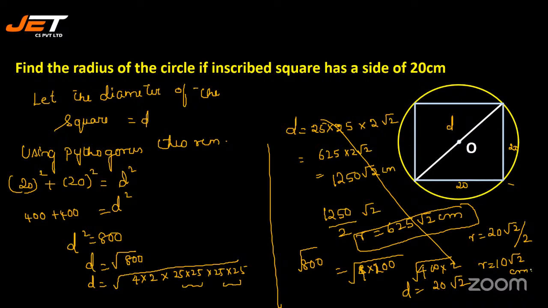So your diameter should be 20 into root 2 and your radius must be 10 root 2 centimeter. All right, now let's move on to the next question.